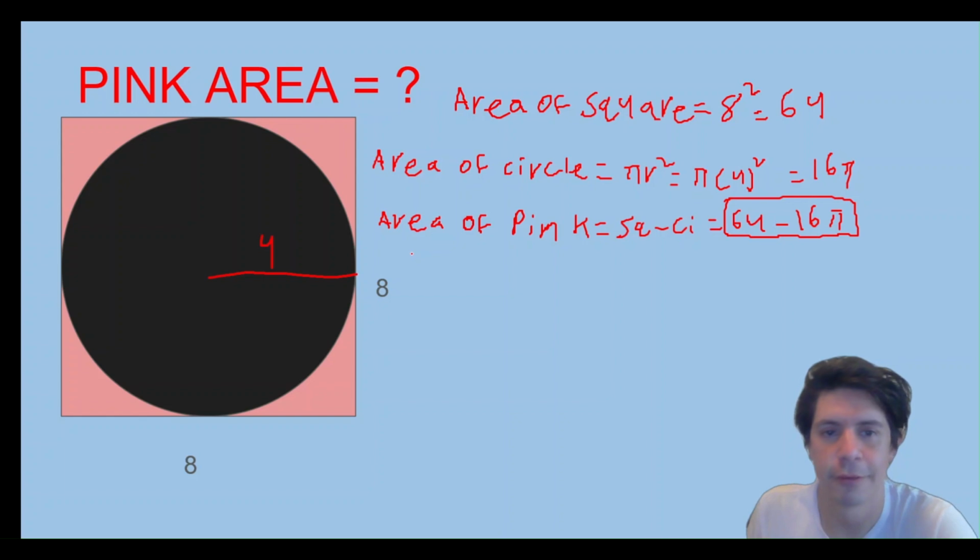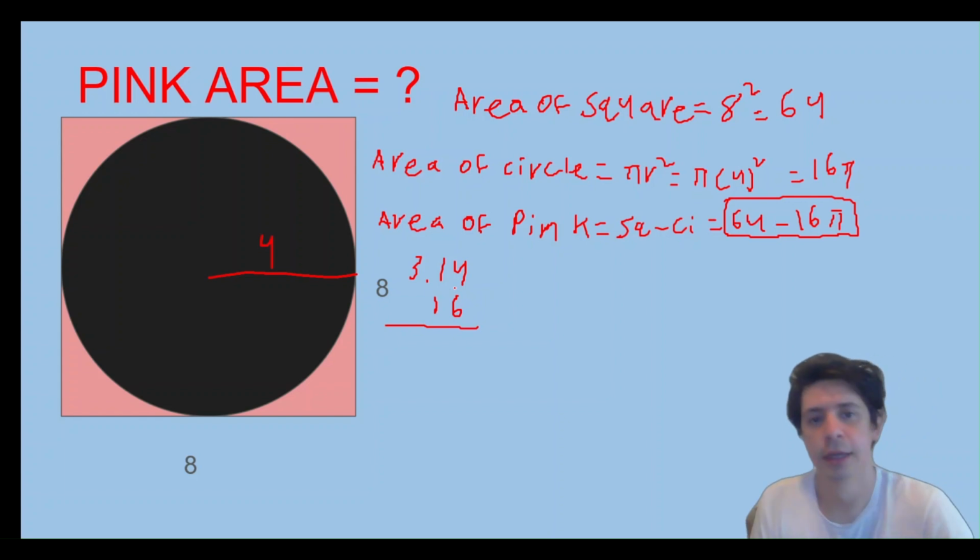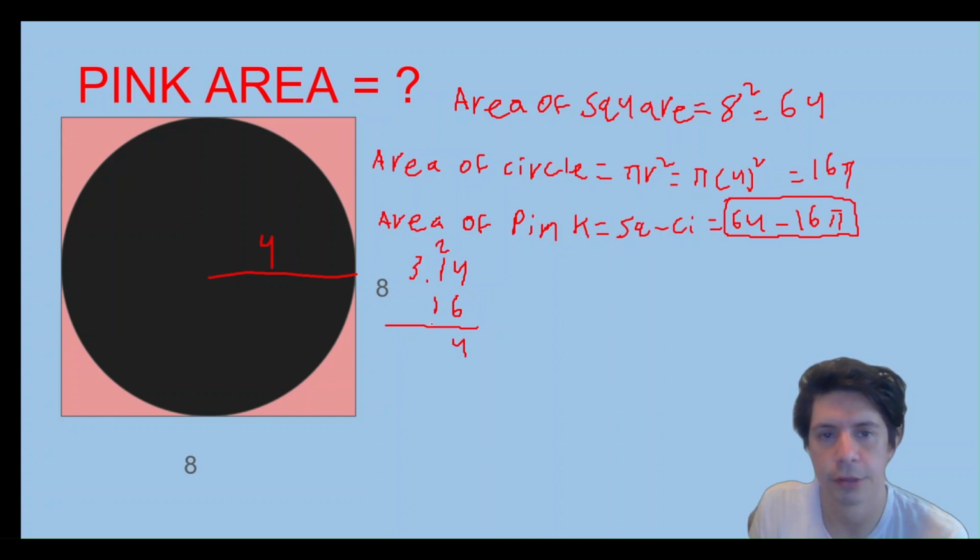But also if you wanted to find it, you could do 16 pi. You could do an estimation, put this into your calculator or work it out like I'm about to. 6 times 4 is 24, so it's a 4, carry the 2, bring it down to get 8. 6 times 3 is 18.